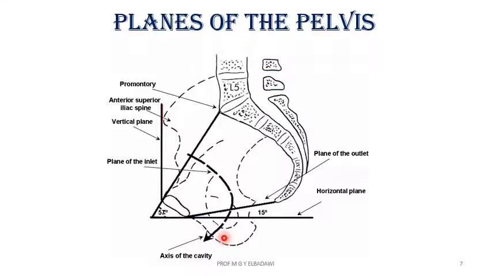These are the planes of the pelvis: from the promontory to the upper border of the symphysis pubis, that is the plane of the inlet; from the lower border of the symphysis to the tip of the coccyx, that's the plane of the outlet; and this is the axis of the cavity itself.